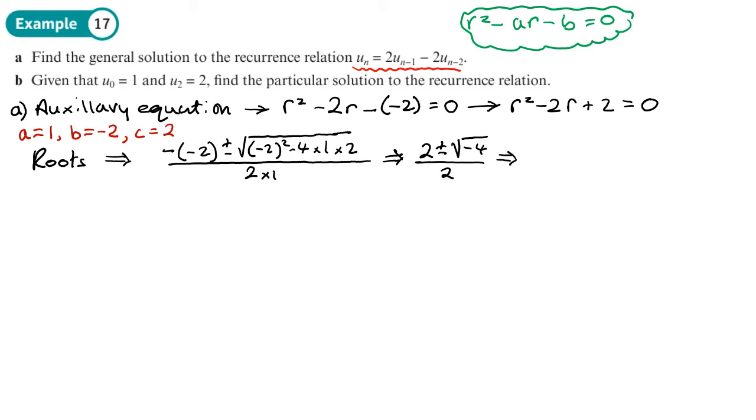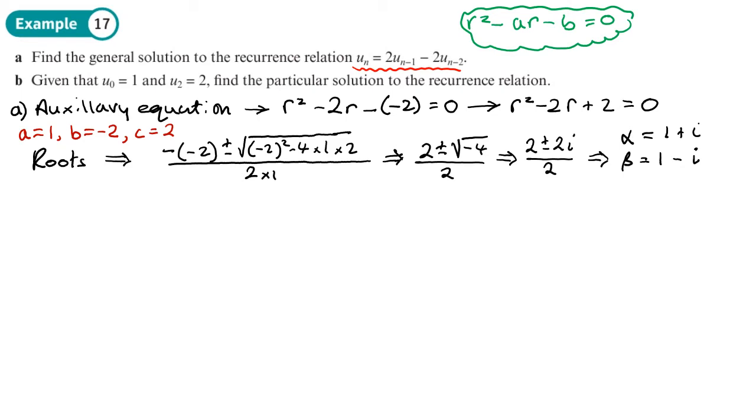The square root of negative 4 is 2i. So I've basically got 2 plus or minus 2i all over 2, and that simplifies if I divide by 2. So my roots, let's call them alpha and beta: alpha will be 1 plus i, and beta will be 1 minus i. So I've got complex roots.